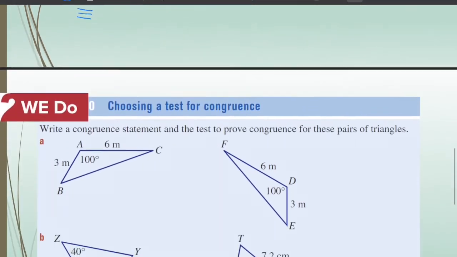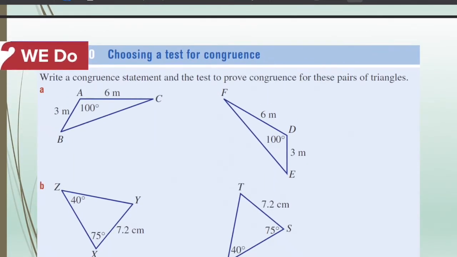Okay, you guys can pick up your pen now, and we are going to go through that process for these two triangles. So remember, we're going to start by introducing our triangles, triangle ABC and triangle DEF.